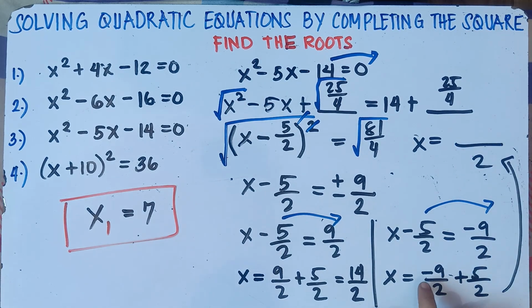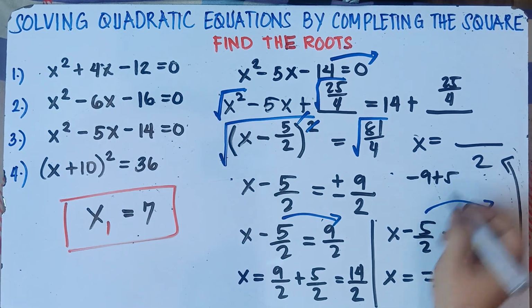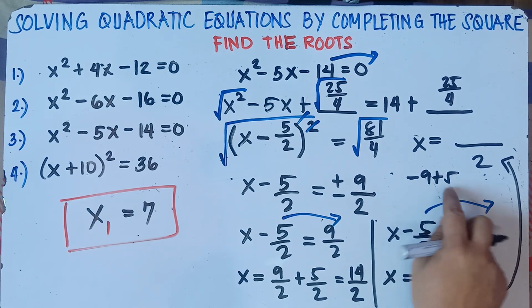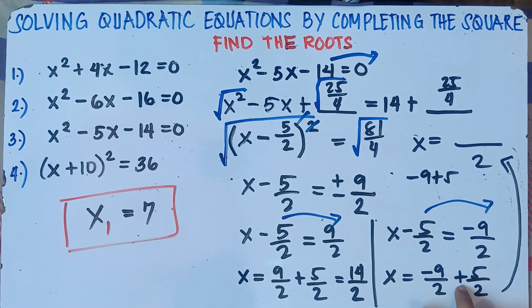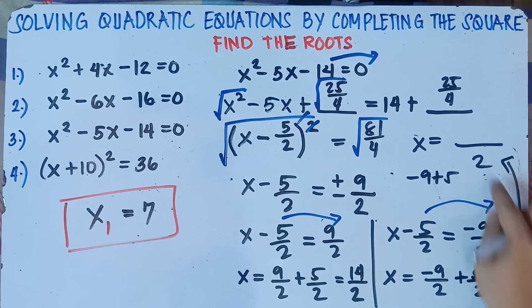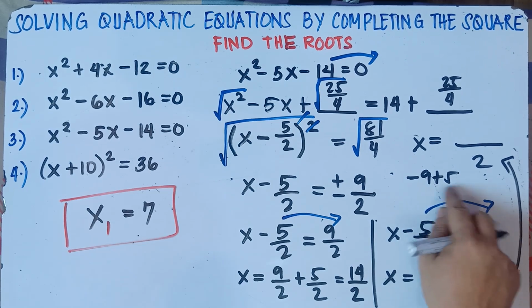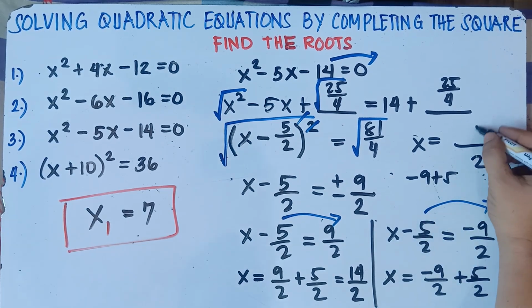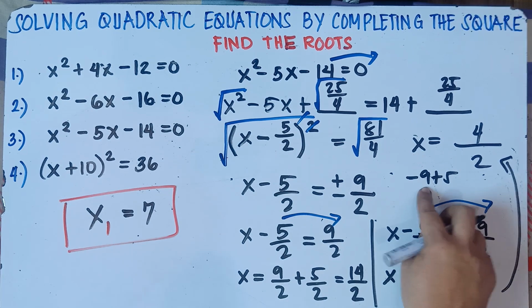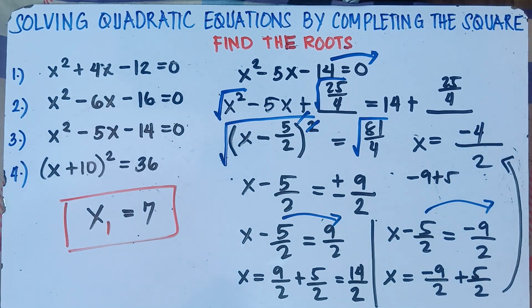And then combine negative 9 plus 5. If the signs are not the same, we subtract. 9 minus 5 is 4. Then we copy the sign of the larger number. So this is negative 4.